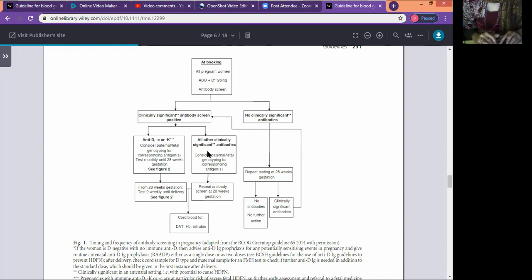And for other clinically significant antibodies, we just need to do the antibody screen at booking and then in pregnancy. If it is positive at the repeat screen at 28 weeks gestation, then we need to monitor them along the same lines and also do testing at cord blood sample level.